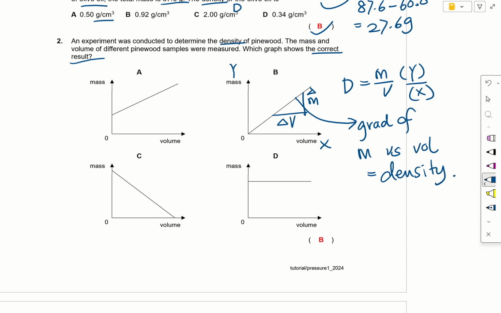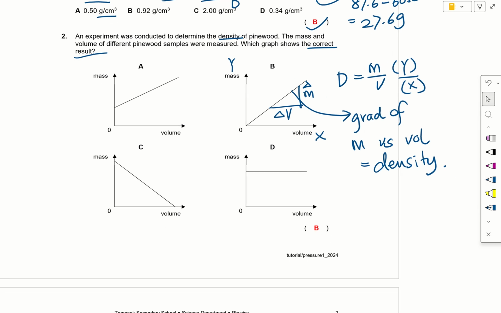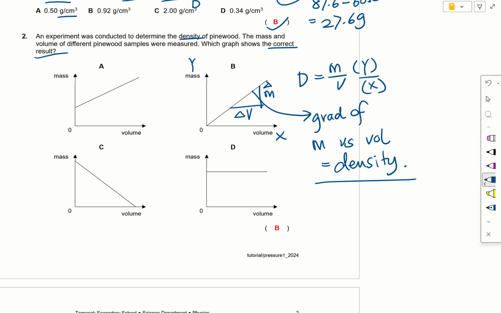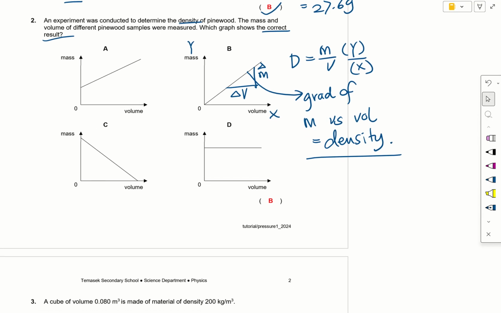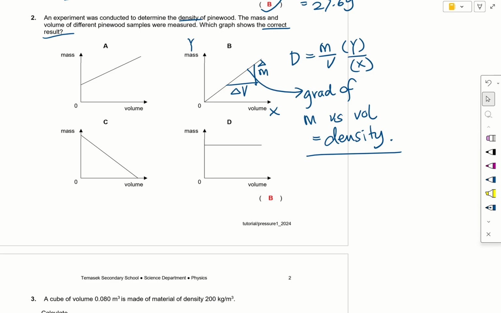And we know that density will not change, right? Because whether it's half the size or the full size, the density of a pure object will not change. So we are looking for the graph with the same gradient, or the same density.